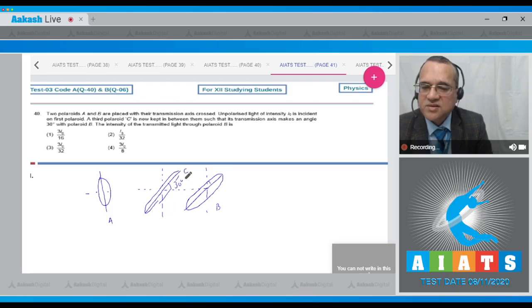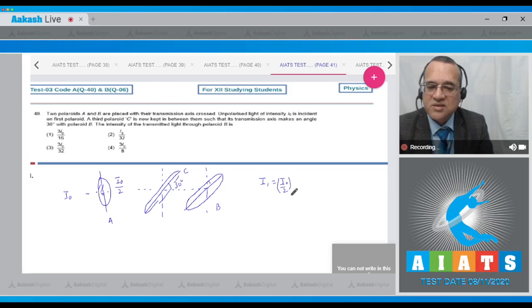This is polaroid C. Now if I naught is the intensity here, then after the first polaroid the intensity will become I naught by 2. Now from here to here, Malus law comes. Our intensity I1 will be equal to I naught by 2 into cos square of 60 degree. Now the angle between C and B is 30 degrees, so this intensity will be equal to I1 into cos square 30 degree.